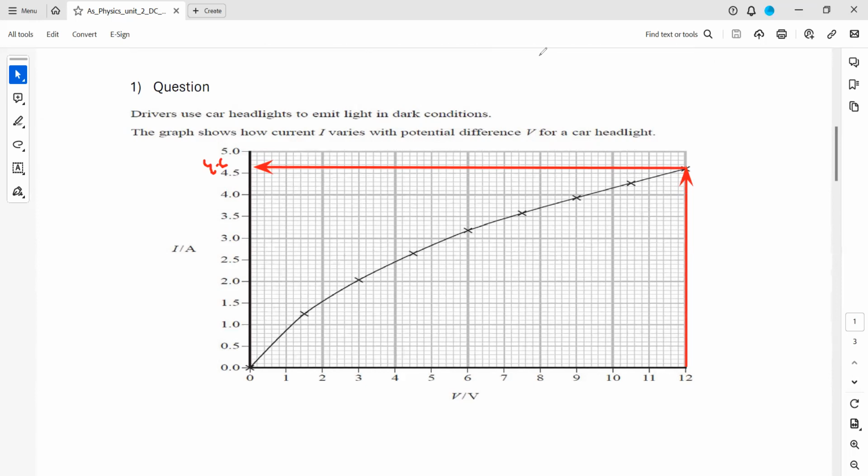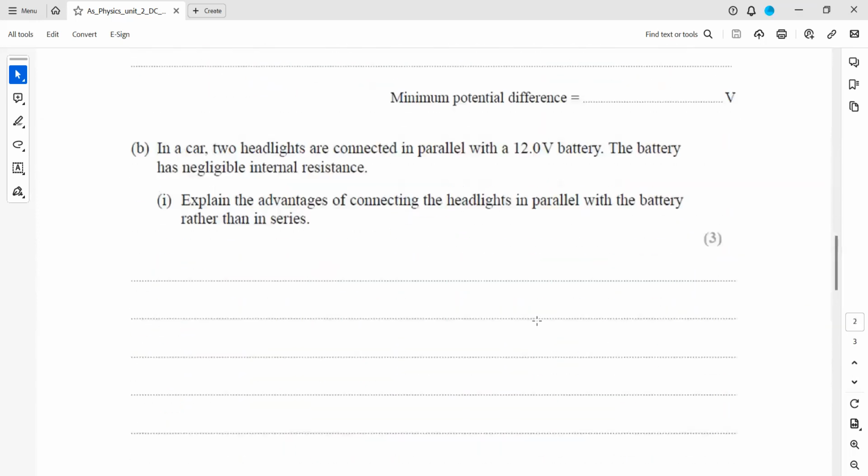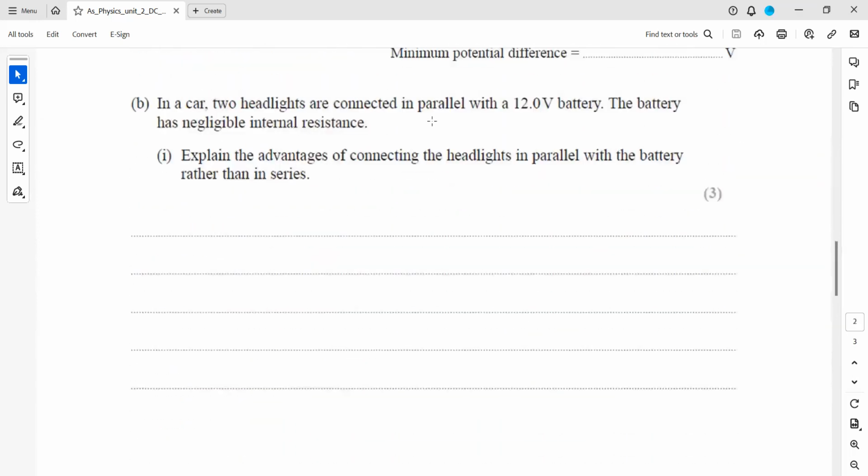First, we are finding the resistance of an individual lamp, and then we'll find the combined. So the resistance for an individual lamp, R, is equal to V over I. The voltage was 12 and this is 4.6, so 2.61. 2.61 ohm is the resistance of one lamp.